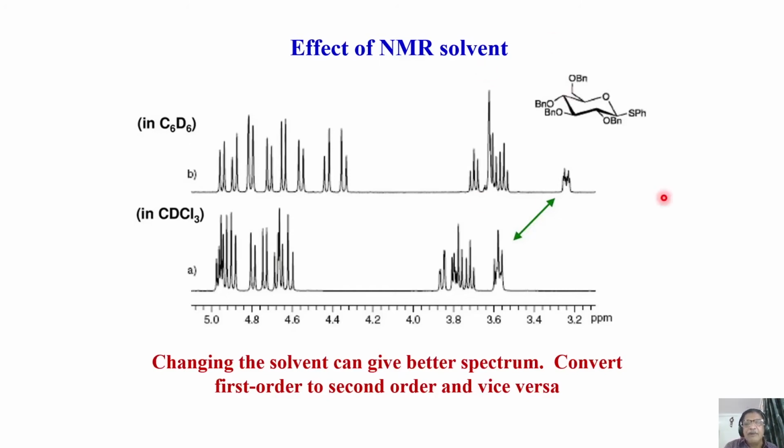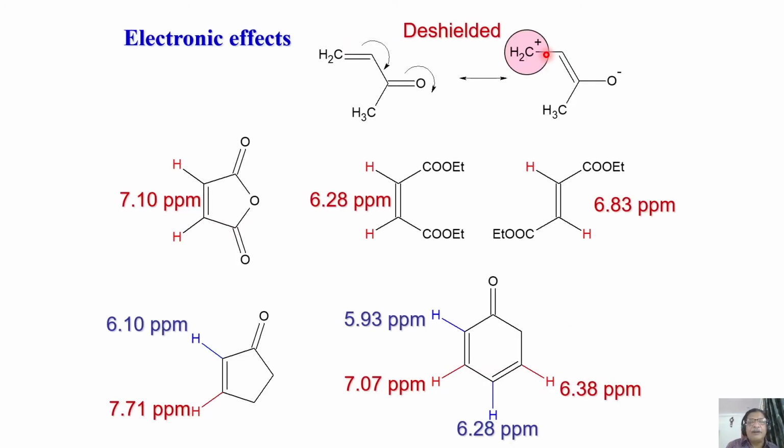But in some examples of molecules like this, or where we saw in the previous example, where OH was forming a hydrogen bond with the SO group of the DMSO, there was a change in the spectrum. Only when there is intermolecular interaction between the solvent molecule and your molecule of interest, sometimes you see a different spectrum. The quality of the spectrum will be different. You get better dispersion and better resolution. Not always, but please remember this point.